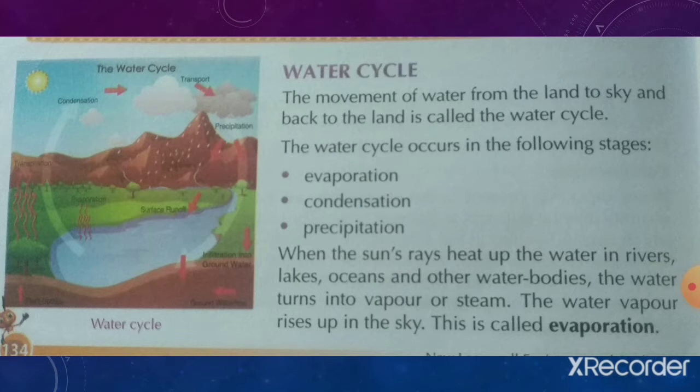This is the movement of water from land to sky and again back to the land. मतलब वाटर का लैंड से स्काई में जाना और वापस उसका लैंड पे आना. This process is called water cycle. Okay. The water cycle occurs in the following stages. There are 3 stages of water cycle: evaporation, condensation and precipitation.